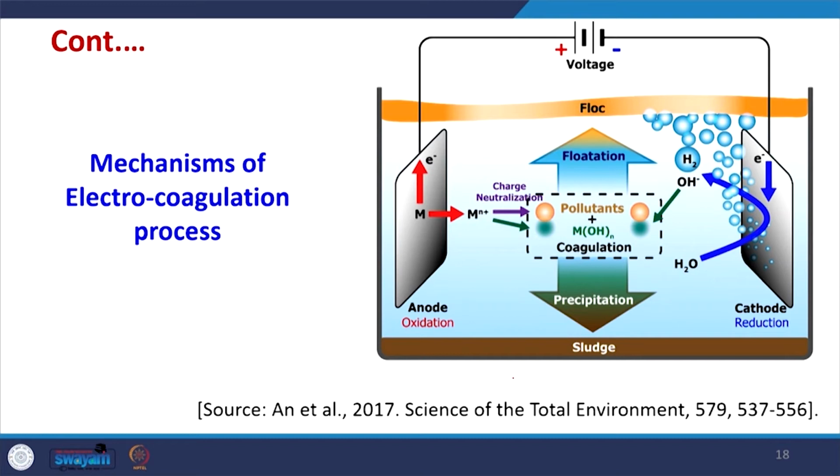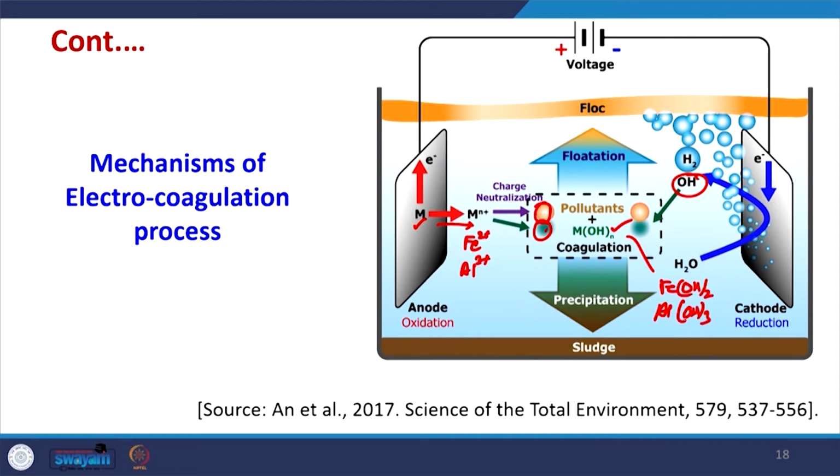Some mechanism of electrocoagulation is given here. We have metal coming out in the form of Mn plus, which may be Fe2 plus or Al3 plus. This will neutralize the colloidal particles; that is one possibility. The second possibility is that they may react with OH minus ions to form M(OH)n, which we can call Fe(OH)2 or Al(OH)3.